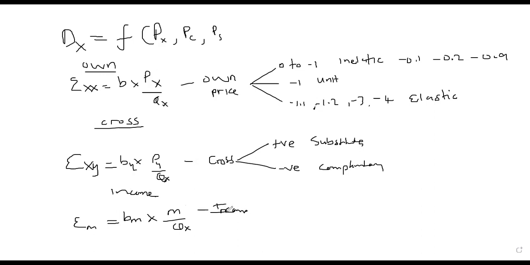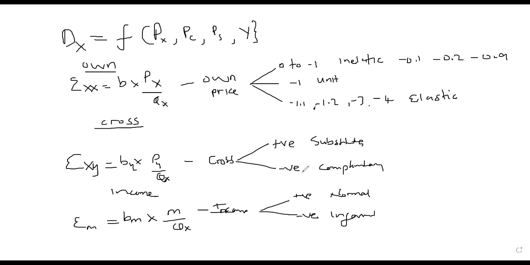Income is denoted by I, M, or Y. So even this one has what? Two connotations. It's a positive or it's a negative. When it's a positive, what does it mean? It's a negative, what does it mean? When it's positive, it's a normal good. When it's a negative, it is what? An inferior good.